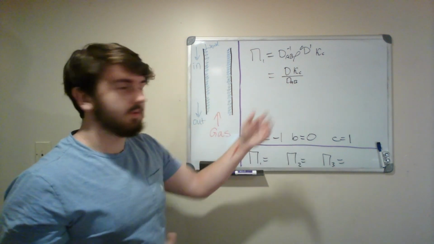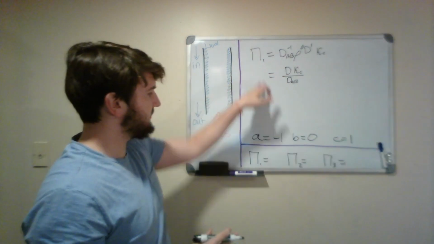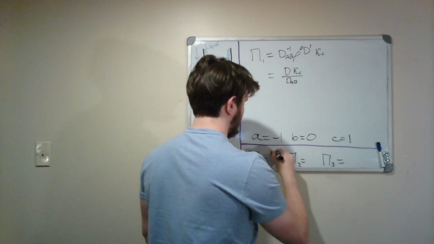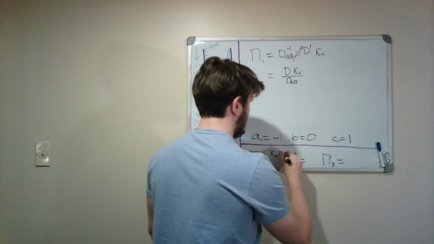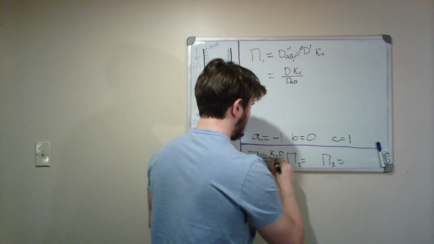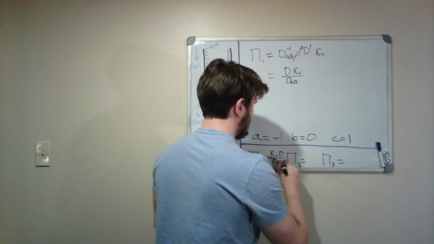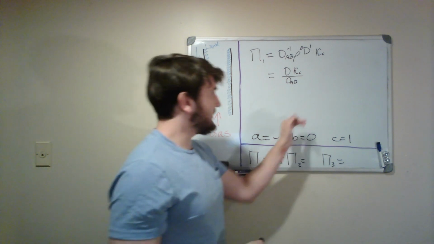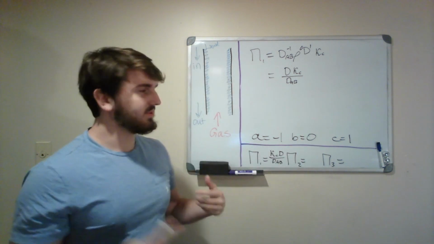And there we go. That gives us pi 1, so I'm actually going to rewrite it as mass transfer coefficient times the diameter all over that diffusion coefficient.